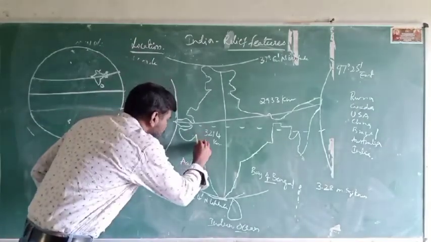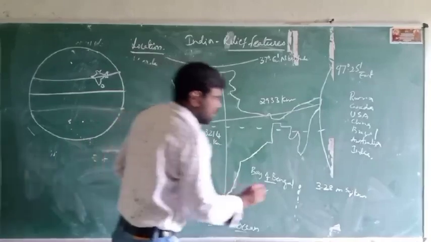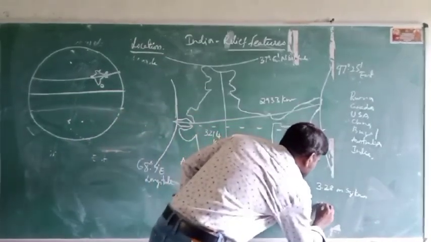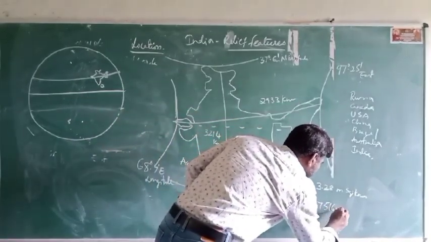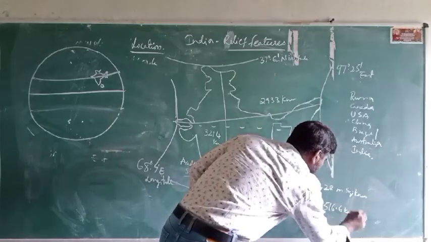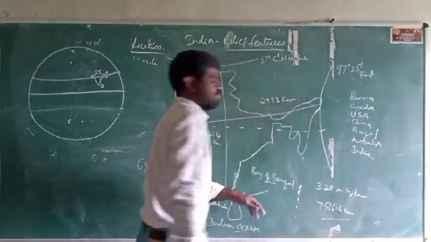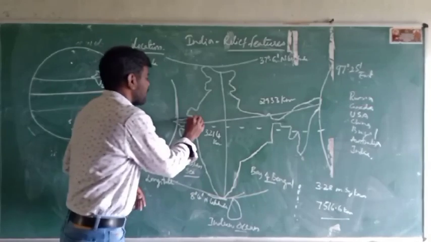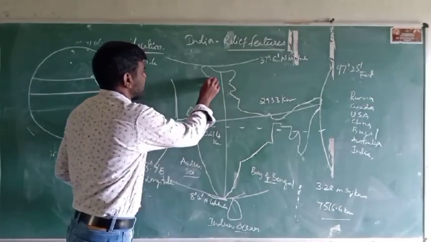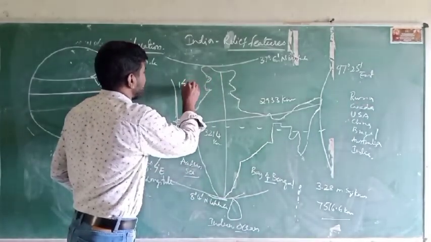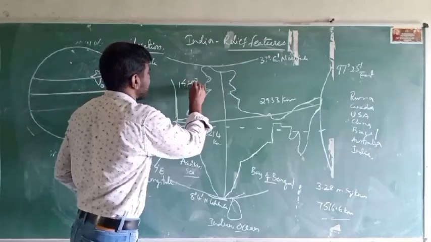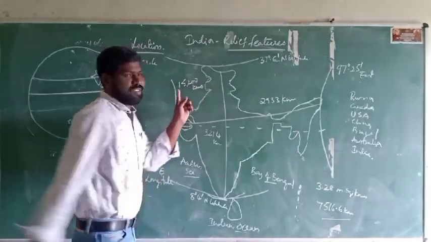The total coastline of our country is 7,560.6 kilometers, and the land frontier of our country is 15,200 kilometers.